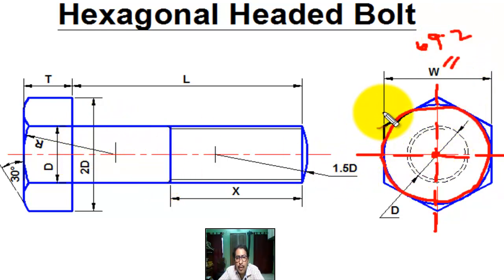Next, we draw a tangent to this circle. Draw the vertical line. Draw this side vertical line. Then draw the projection lines from these points.